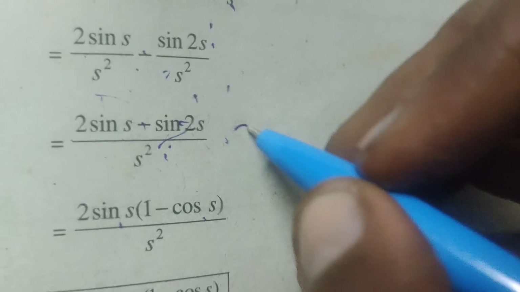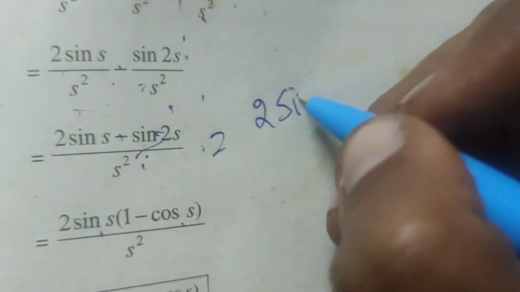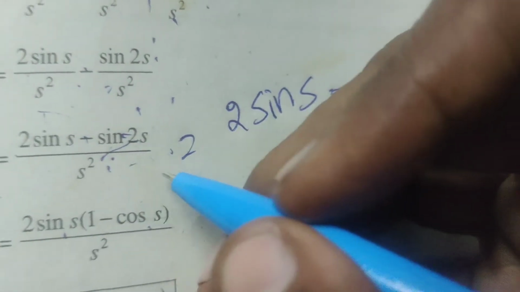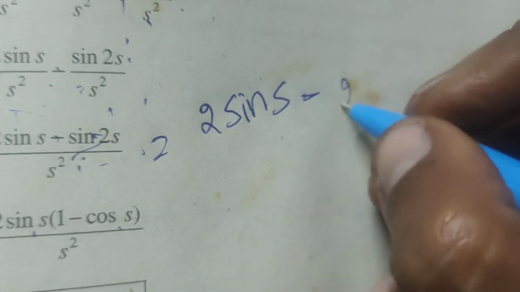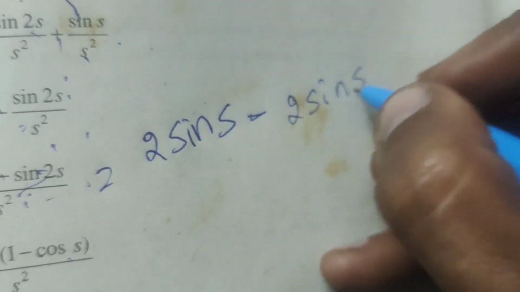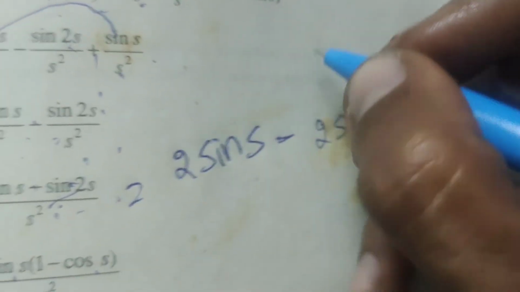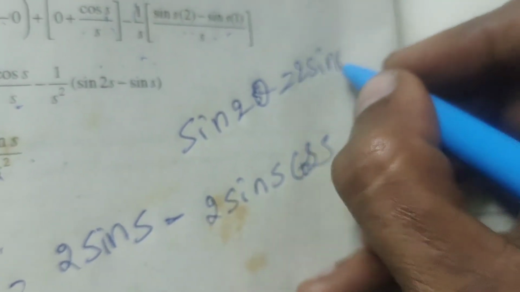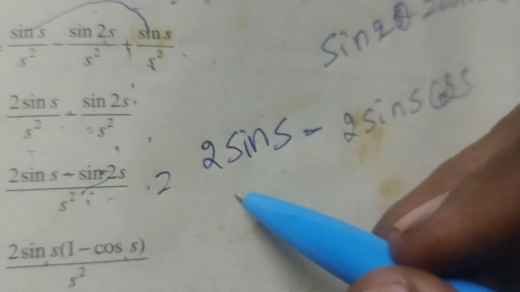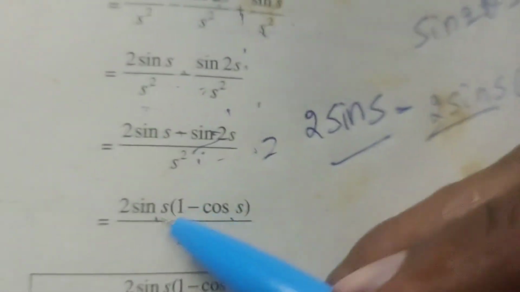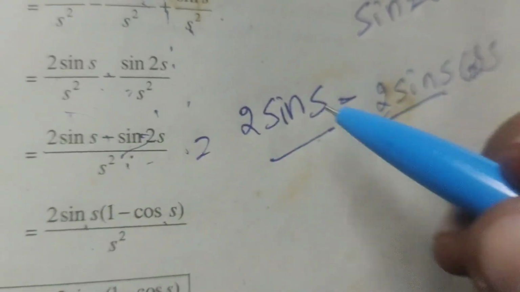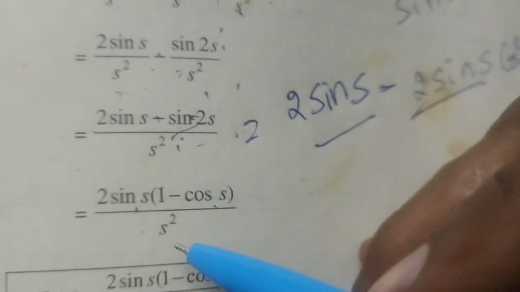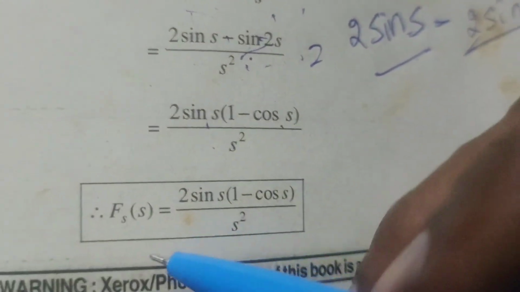Here, 2 sin s minus sin 2s: use the formula sin 2 theta equals 2 sin theta cos theta, so sin 2s is 2 sin s cos s. Now in these two terms, 2 sin s is common, so we get (1 minus cos s) by s square.